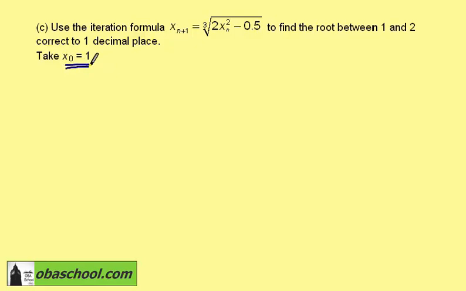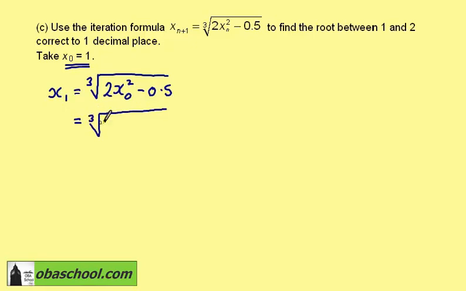So for this one, we're told to take x0 is 1. To produce x1 then, we substitute this value for x0 into the formula. So we have 2 times x0 squared, take away 0.5. x0 is of course 1, so we have the cube root of 2 times 1 squared, take away 0.5, and this gives us the cube root of 1.5.